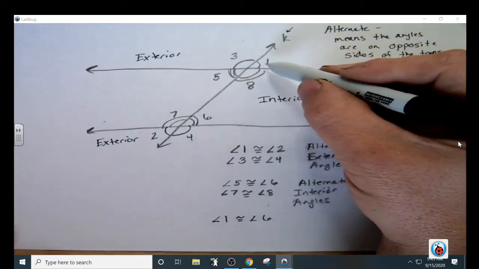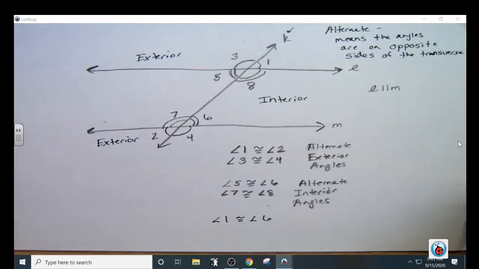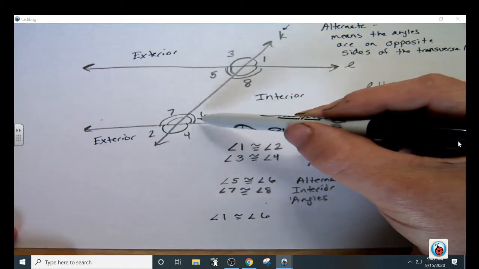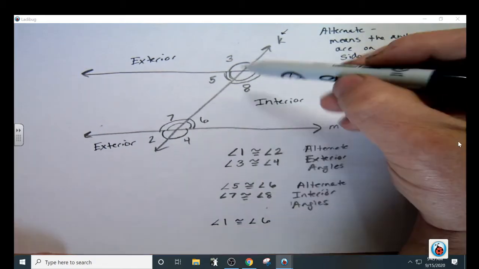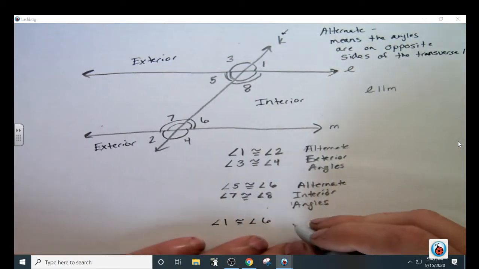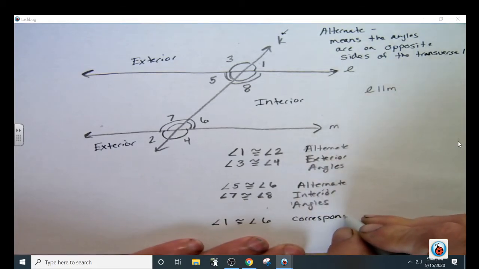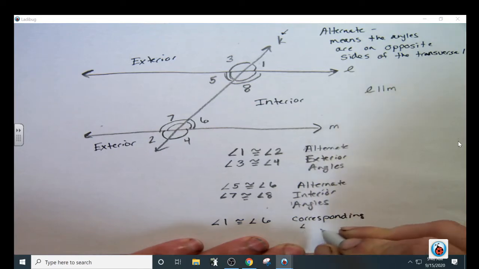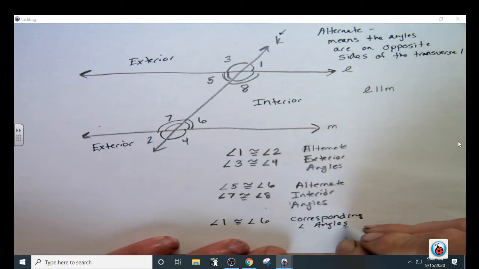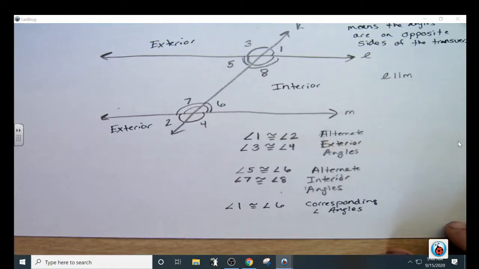Notice you can pretty much tell when it's parallel lines and a transversal if angles are going to be equal, because they're about the same measurement. If you put a protractor there, they'd measure about the same. Angles 1 and 6 are congruent because of corresponding angles. I was about to say theorem, but we don't really care about theorems in this class. So they're congruent to each other.